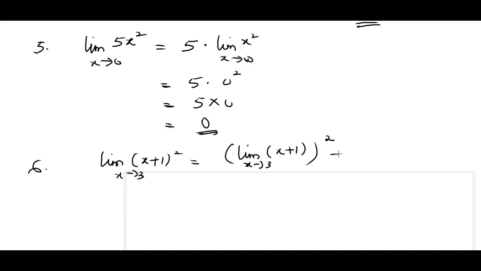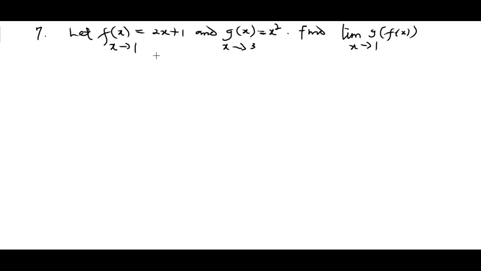So the implication here is you substitute 3 for x. So that will be 3 plus 1 all squared. That is 4 squared. And that will give us 16. So the answer to this function is 16.